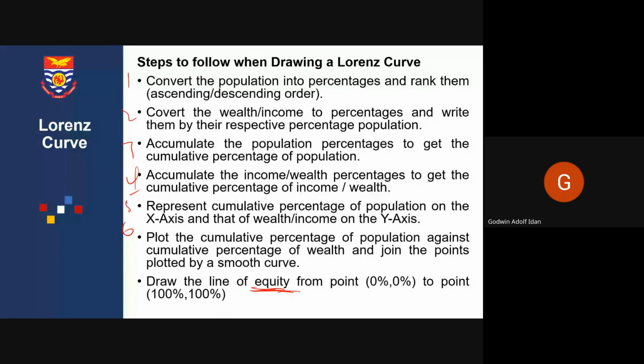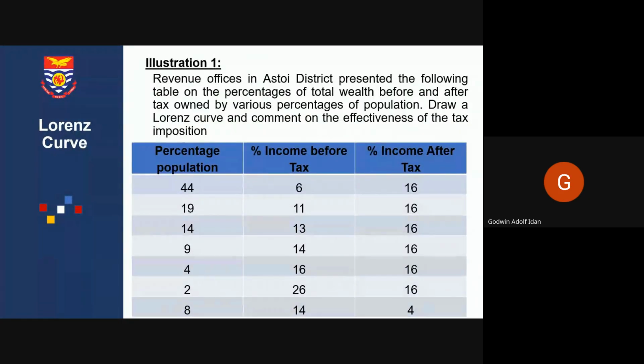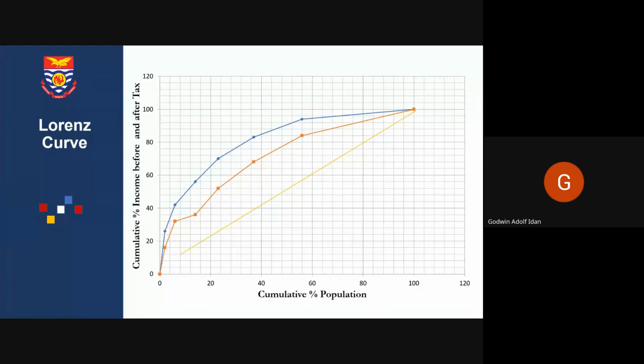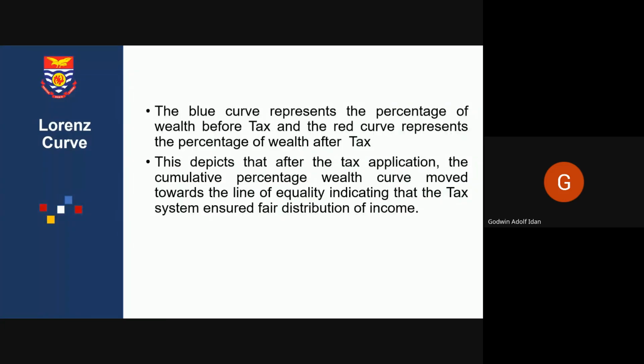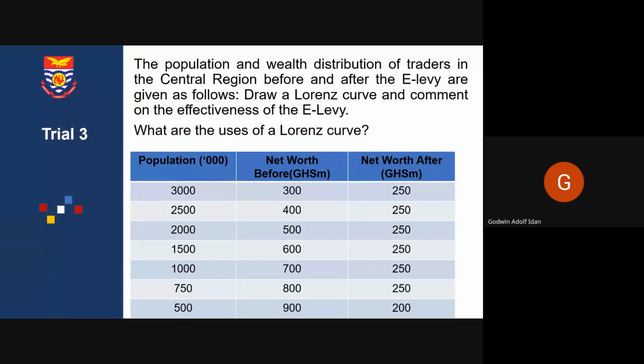So let me share a question with you. Then we look at it. Now, this is the first illustration. Let's look at this one that has a solution. So let's try this one, and then we go through the various steps in solving it.